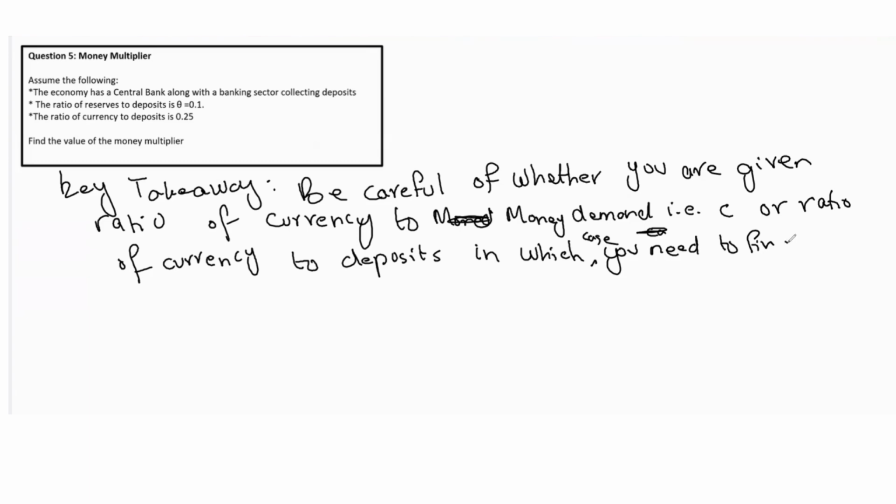So you need to see what you're given. Over here, like we said, we were given c by 1 minus c, so find c first. Because in that formula, the money multiplier 1 by c plus theta (1 minus c), it's important to keep in mind theta is the reserve deposit ratio and c is defined as currency by money demand. So if you're given the ratio of currency to deposits, you first find c.